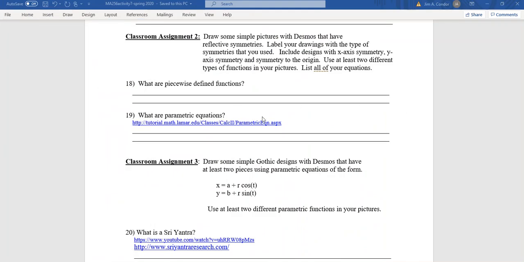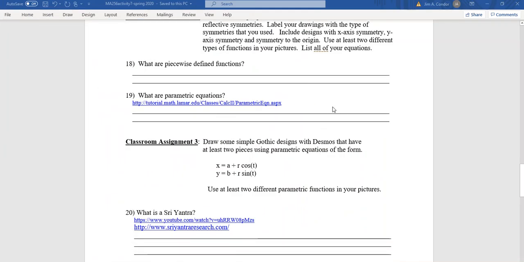But parametric equations, this is really the big math concept. This is the most important one for creating visuals on a computer screen. Parametric equations, and what they are is that you have one independent variable and then 2 dependent variables, or more actually.